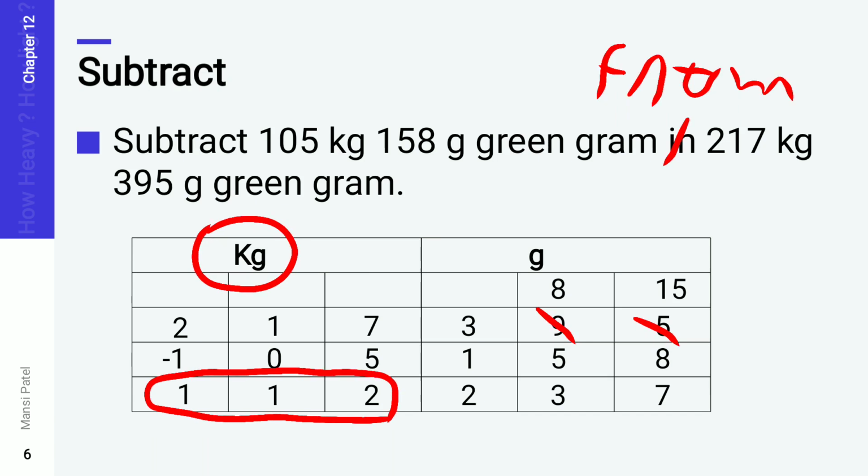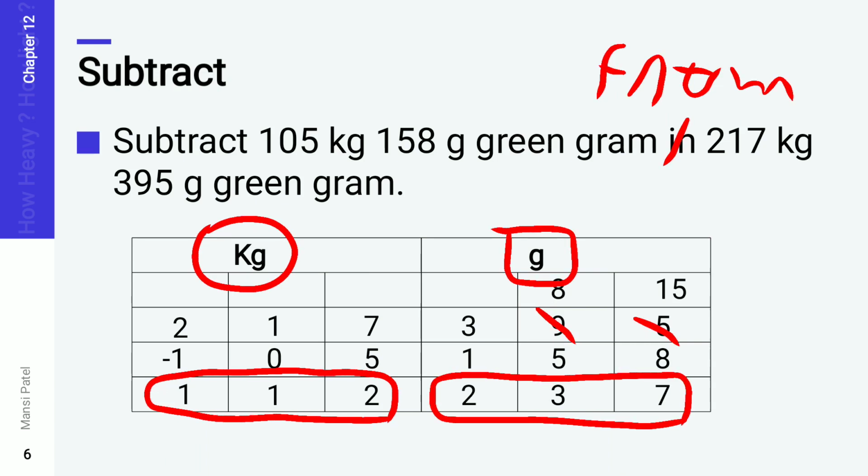So we can say 112 kilogram and under the heading of gram, which digits are there? The digits are 237. Therefore, we can say that your answer is 112 kilogram and 237 gram.